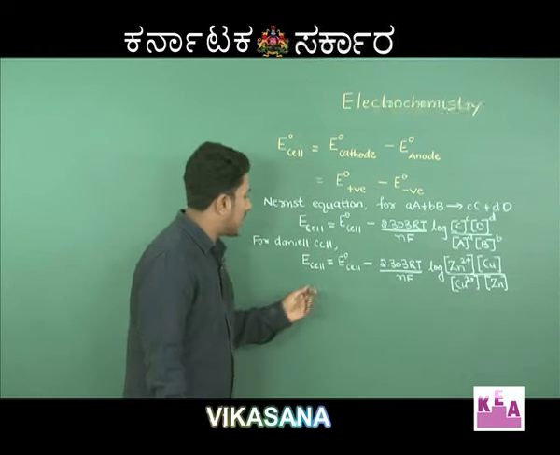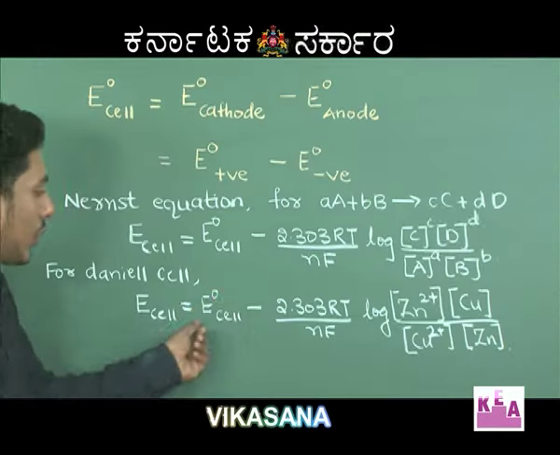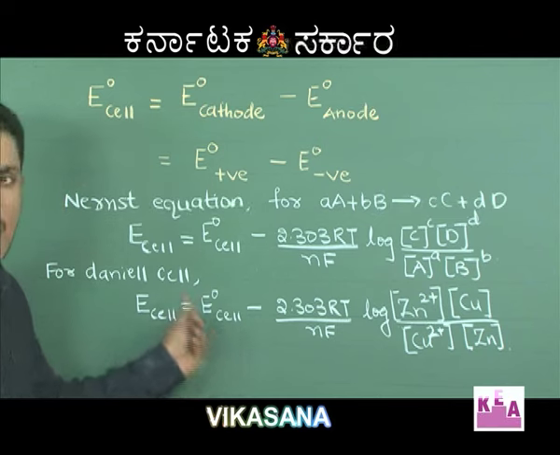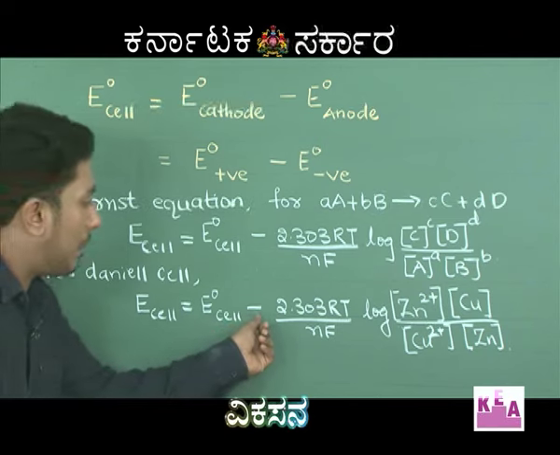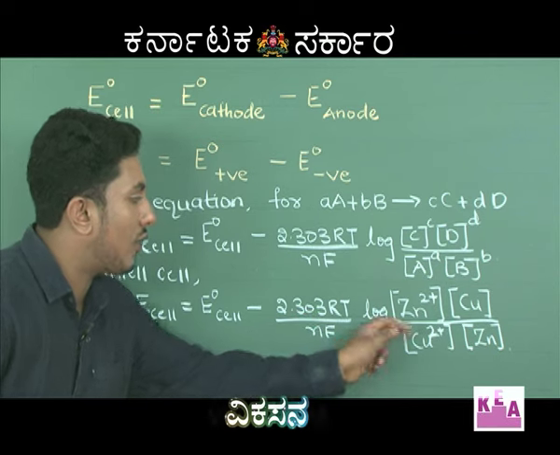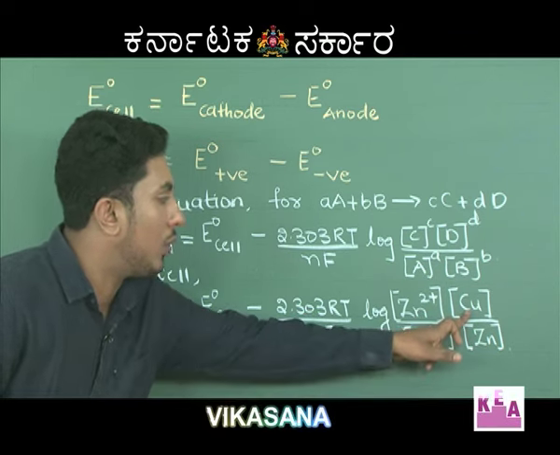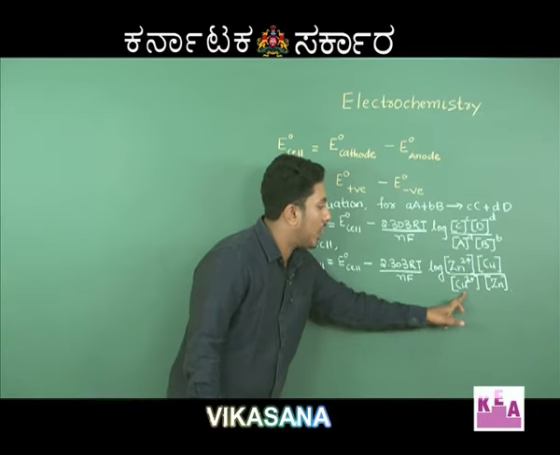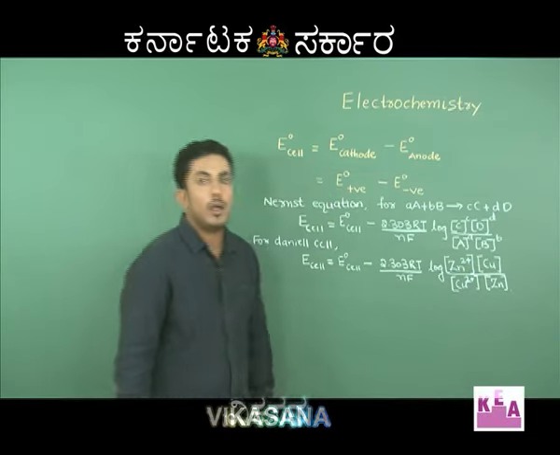Hence, for Daniell cell, potential is equal to E naught of cell, where E naught of cell is standard electrode cell potential, minus 2.303 RT divided by nF log of concentration of zinc ion into concentration of copper divided by copper ions into zinc.